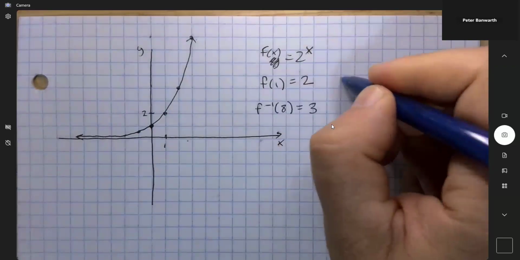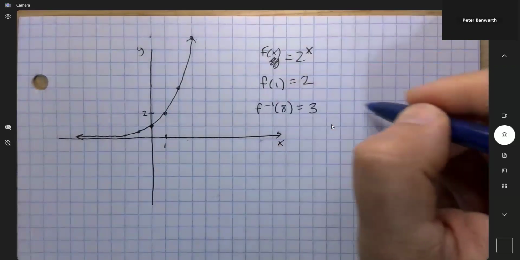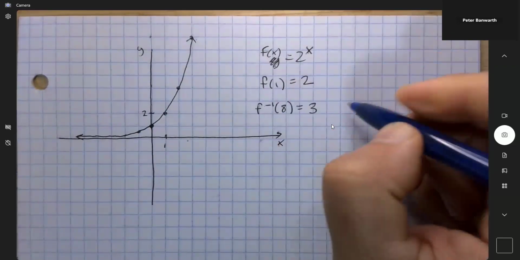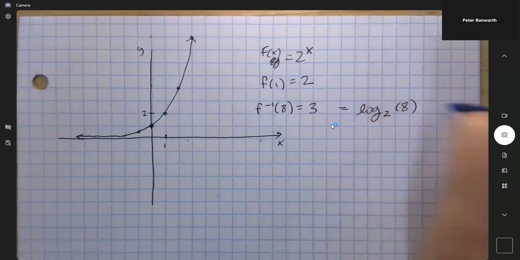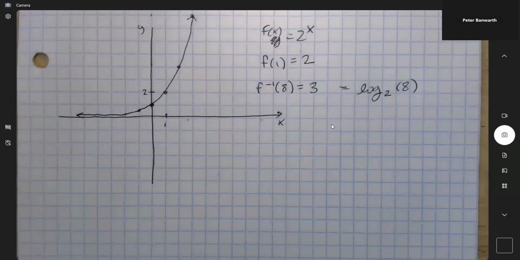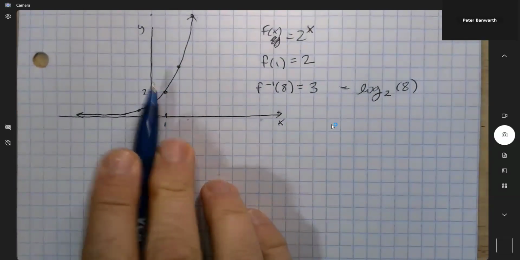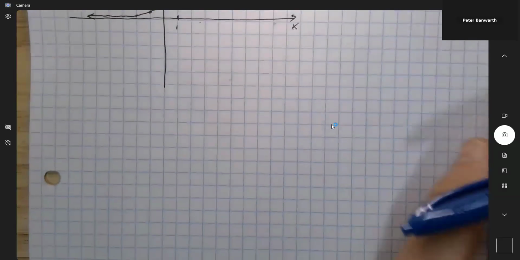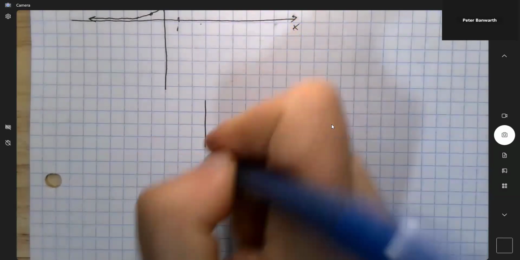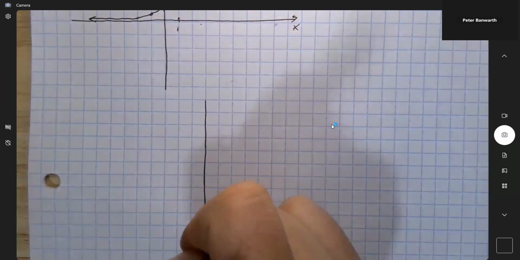The f inverse is a logarithm function, so 3 is the power that goes on 2 to give me 8. You can use the exponential function to answer logarithm questions, but logarithms are such important functions that we normally draw a logarithm function on its own.